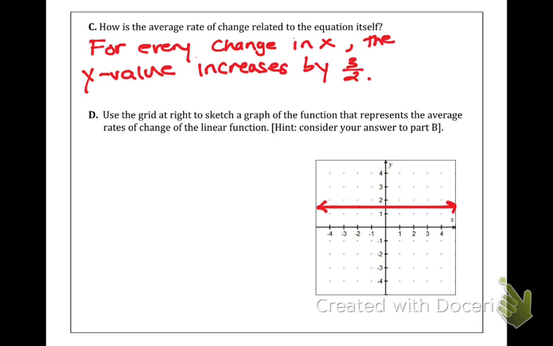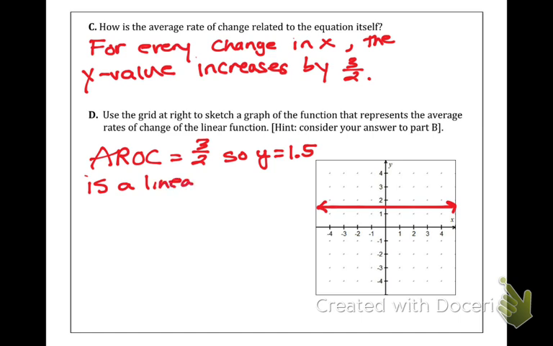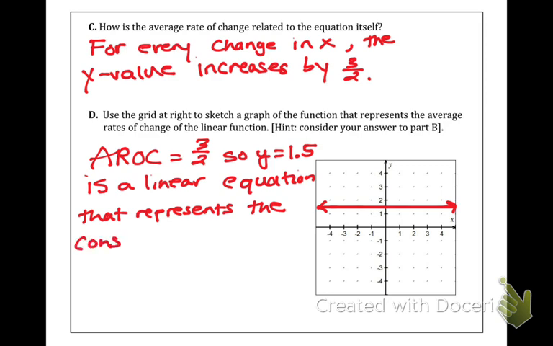So our average rate of change is equal to 3 halves, and y equals 1.5 is a linear equation that represents the constant rate of change on the function.